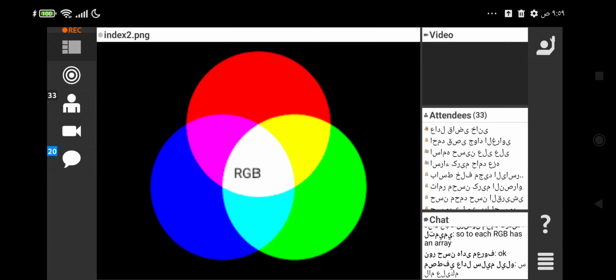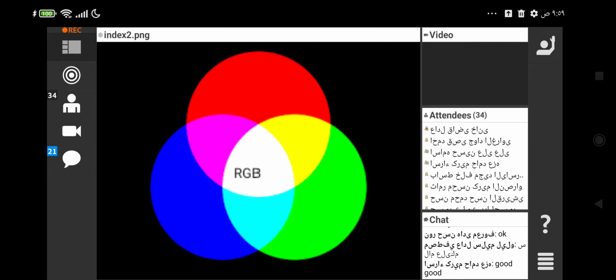In the black and white image, we have only one matrix, and the values are between 0 and 255.